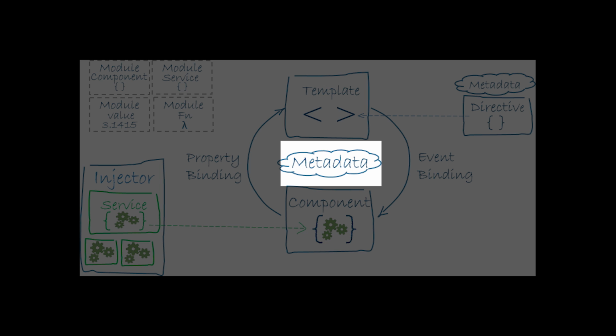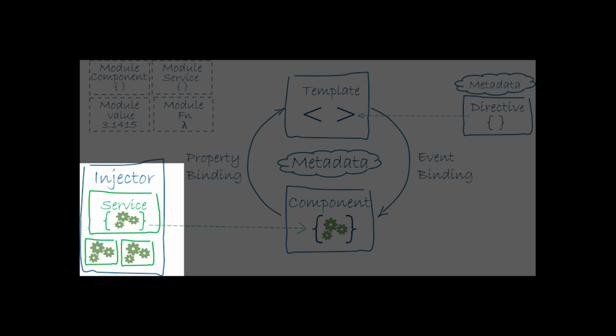Metadata tells Angular how to process a class. A service is a broad category encompassing any value, function, or feature that your application needs. Almost anything can be a service. A service is typically a class with a narrow, well-defined purpose. It should do something specific and do it well. Examples include a logging service, data service, message bus, tax calculator, application configuration.